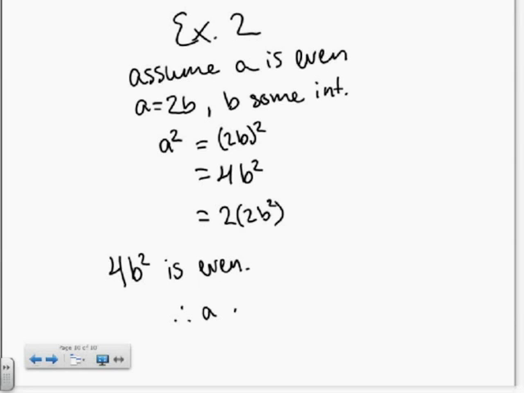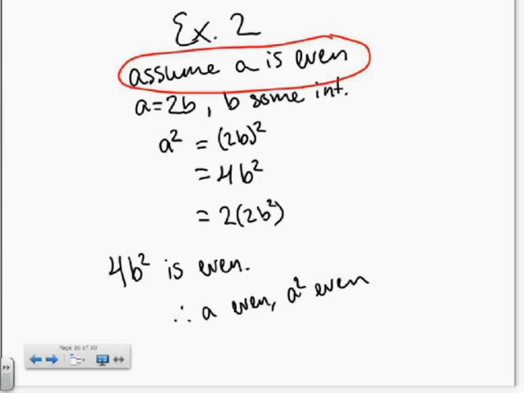Therefore, the square of an even integer is also an even integer. Notice once again that the first step assumes the premise is true, and that our following steps come from the definition of an even integer and the rules using multiplication and factoring.